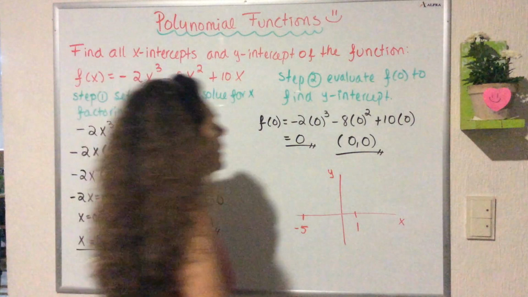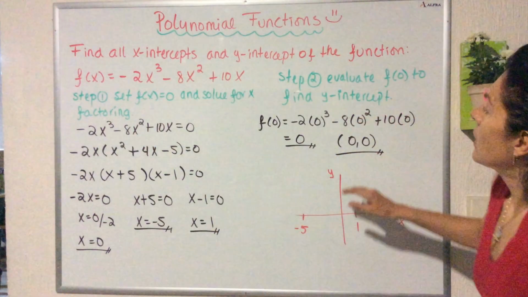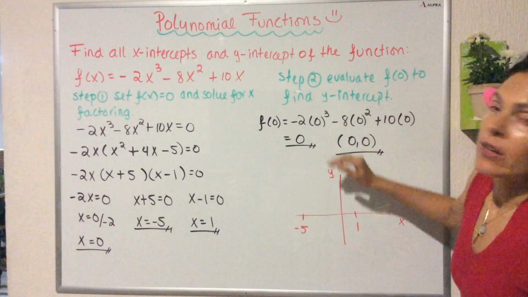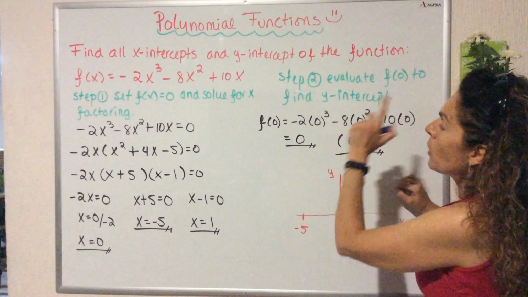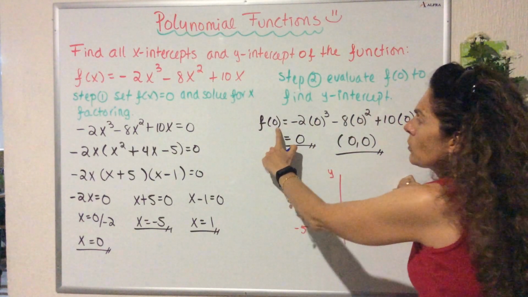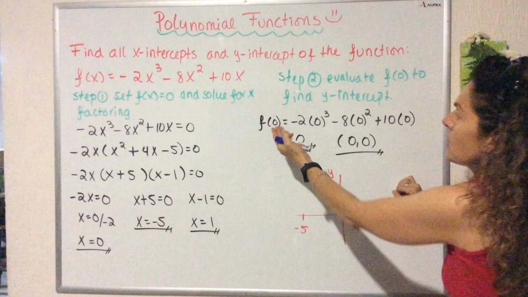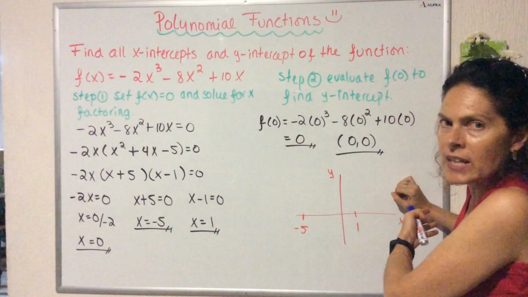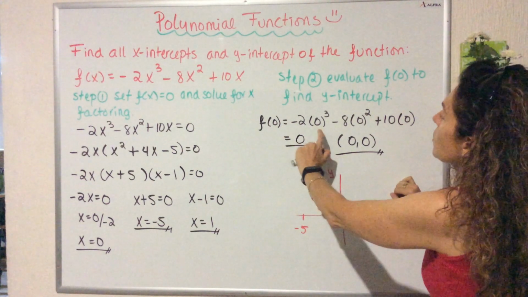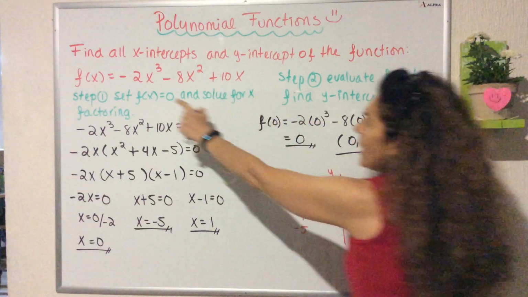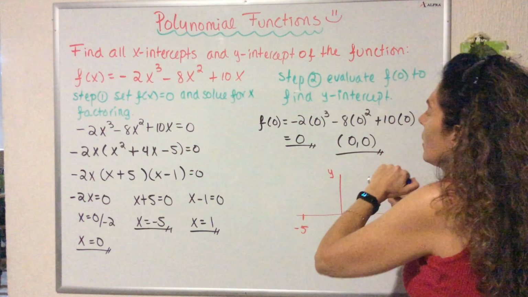Now, let's find the y-intercept. In order to get the y-intercept, we have to evaluate the function at 0. So when x equals 0, let's see what we get in y. So we substitute in all the x, I'm going to write 0.